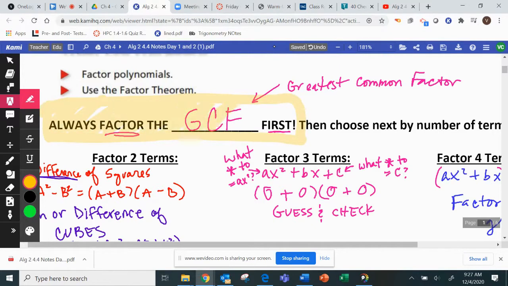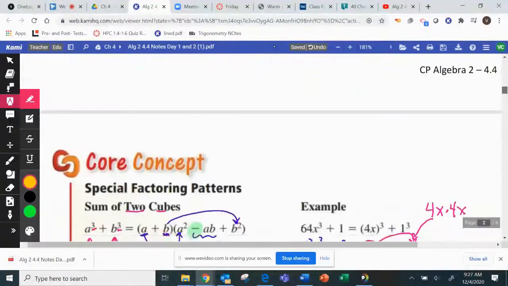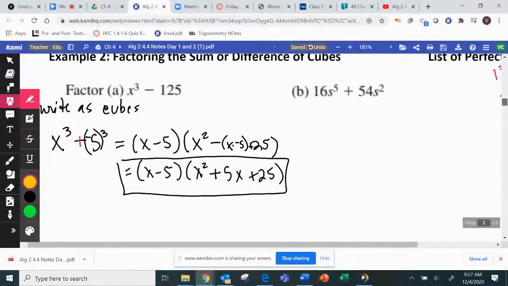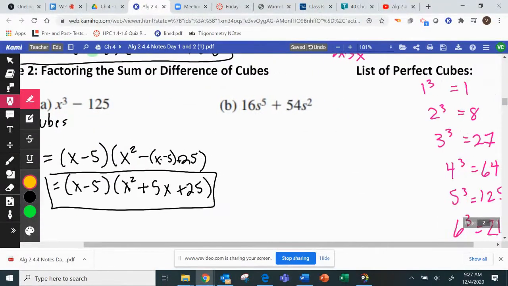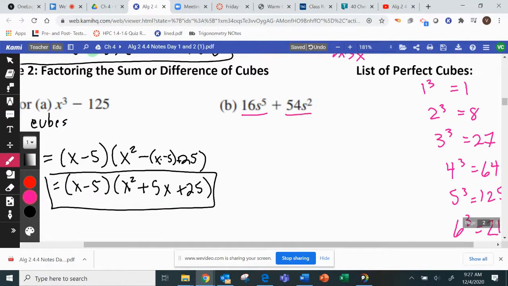What do I need to do first, always? Was there a greatest common factor to factor? Yes, there is. What is it? Macy, what is it?